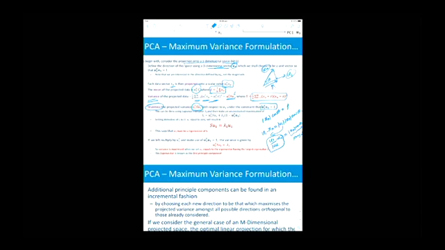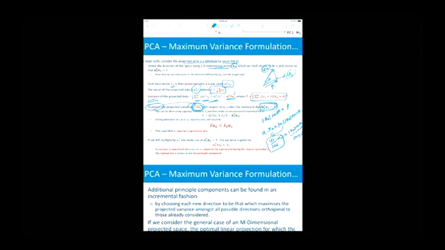All you need to know is that there is an optimization method called the Lagrangian method which can be used to optimize these objective functions and the constraints. So here the objective is to maximize this projection variance u1 transpose S u1 subject to the condition that u1 transpose u1 equals 1.